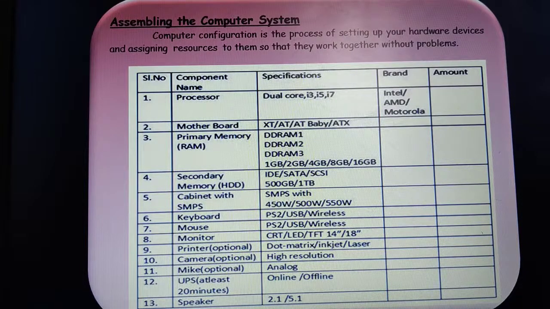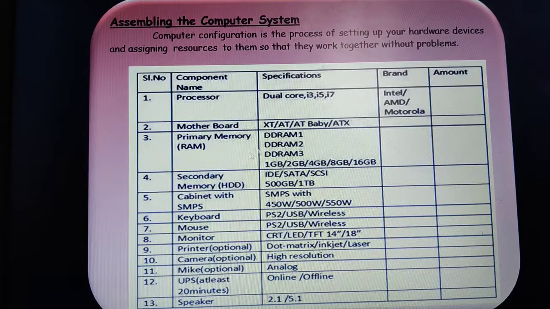So whenever you are buying a computer system, what are the components that you need to see? We have almost 13 components, and let us see the specification. The processor might be dual core or Intel i3 or Intel i5 or Intel i7. Intel i7 is a high-end microprocessor, where even L3 cache memory is also available.